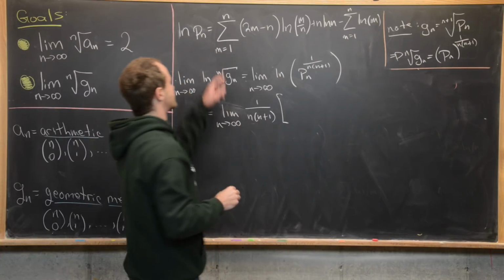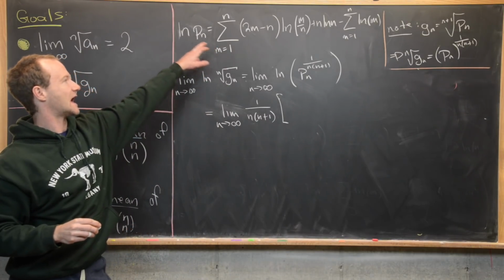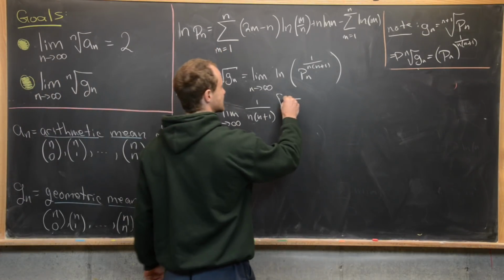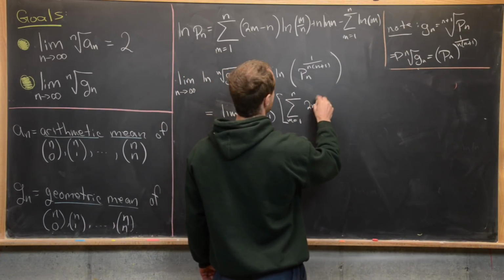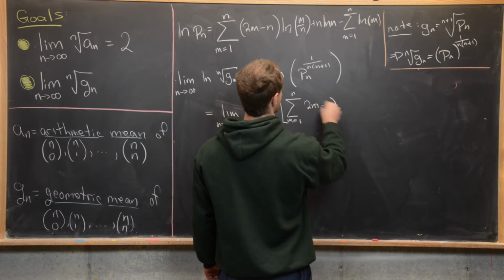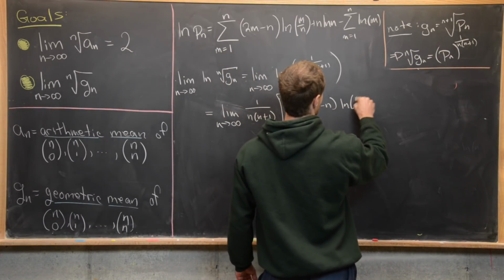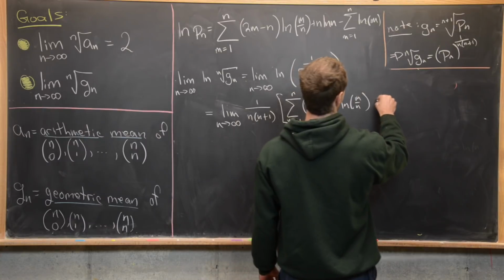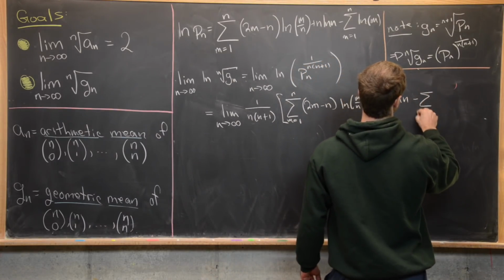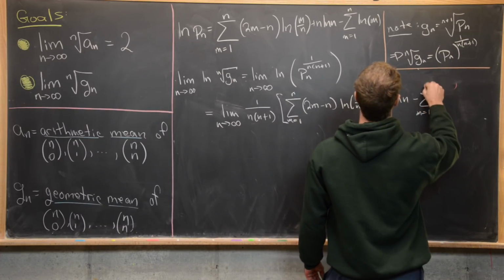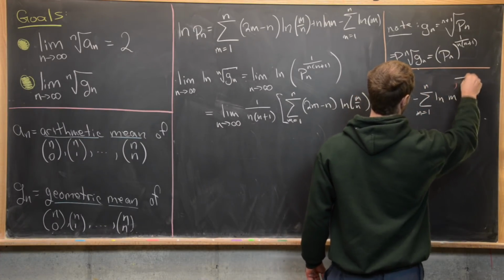But what I want to do is rewrite the natural log of p sub n as what we have up here. So that's going to be this sum, m equals 1 to n, of 2m minus n times the natural log of m over n, and then plus n natural log of n minus the sum, m equals 1 to n, of the natural log of m.